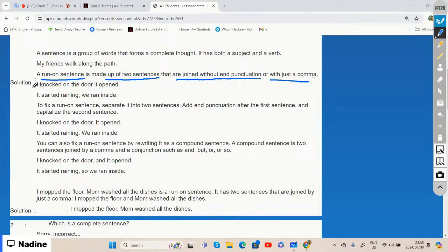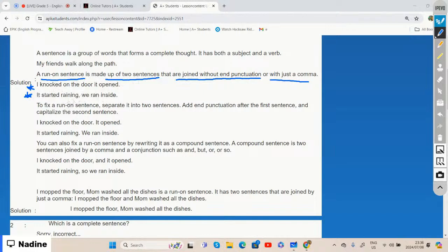If we look at an example of a run-on sentence, it says, I knocked on the door it opened, right? No punctuation over there. Or the next one says, it started raining, we ran inside. There it has a comma.